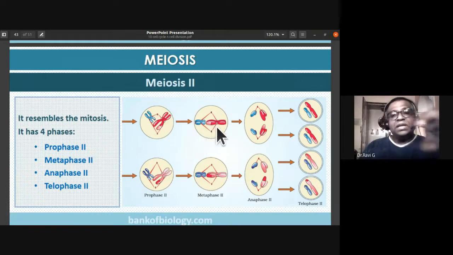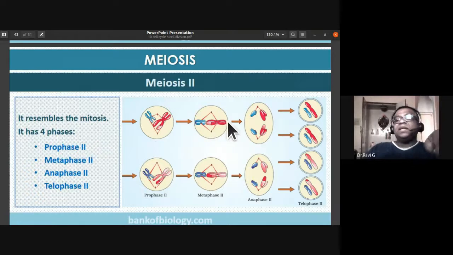In metaphase 2, the chromosomes are arranged on the equator. We call it the metaphasic plate, and the spindle fibers from the opposite poles are attached to both sides of the centromere of the chromosomes. It is similar to a tug of war.